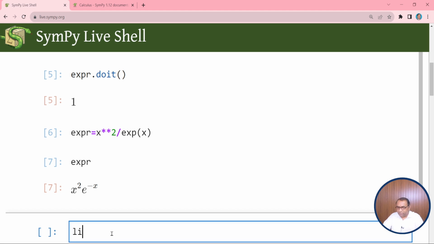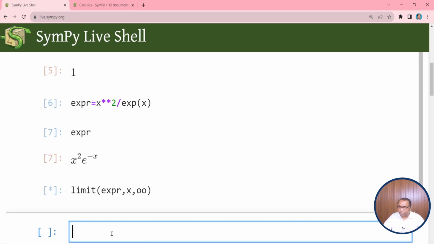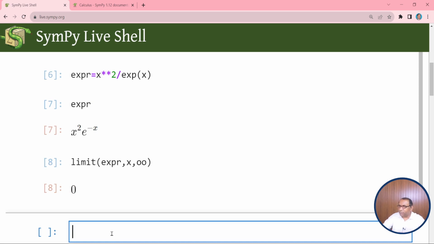The limit of this function: first we have the function, which is expr, then x approaches infinity. This is infinity, oo written twice in lowercase, then enter. So the limit of this expression is 0.